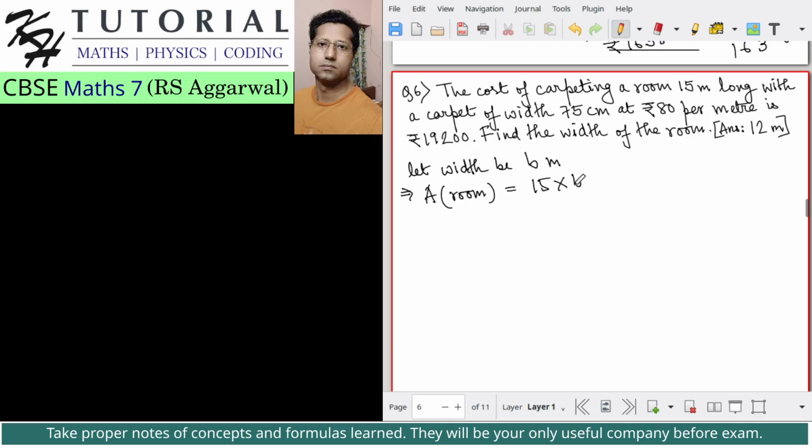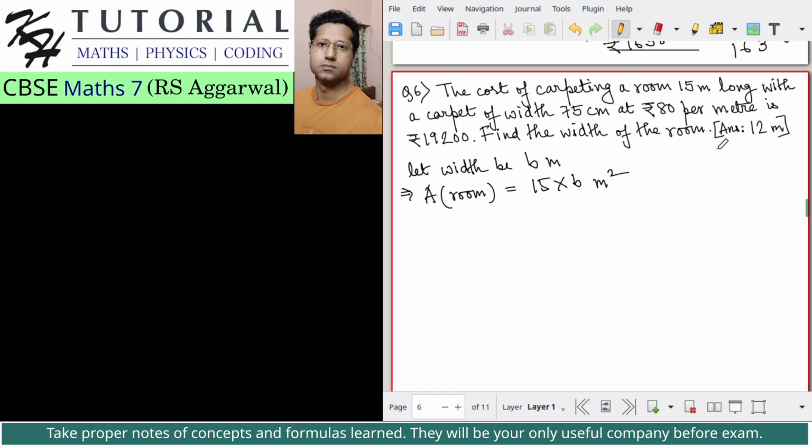So this will be 15 into b meter square. This is the area of the floor whose carpeting is to be done.